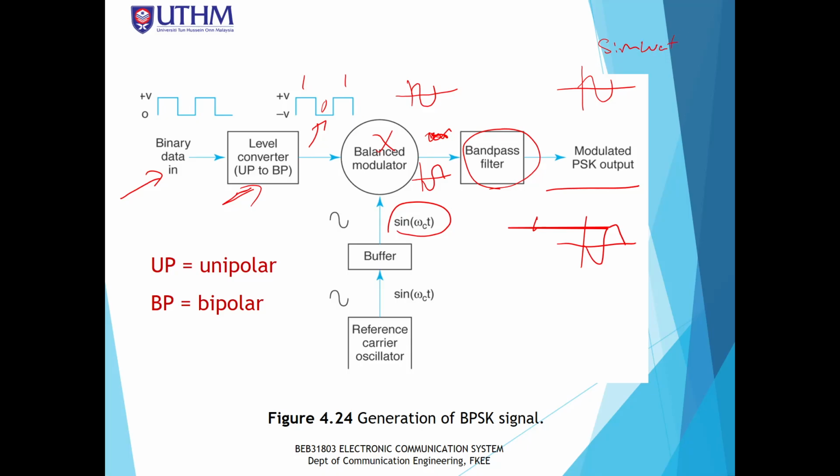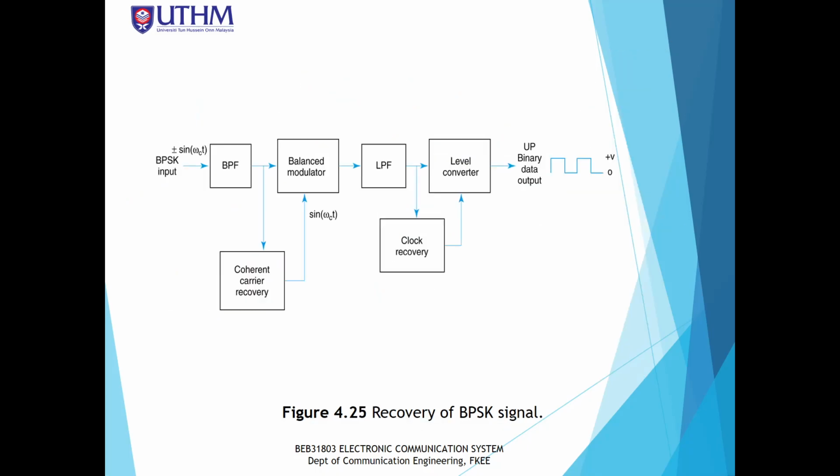If the input is logic 0, we transmit the negative sine wave. At the receiver side, the BPSK input is either the positive sine or the negative sine. We have two possibilities because this is BPSK.